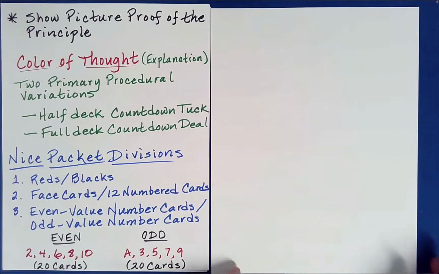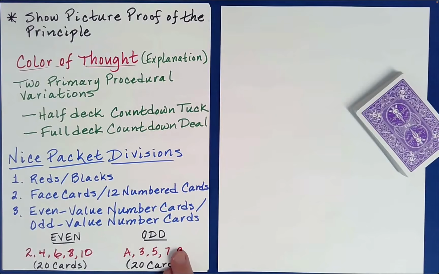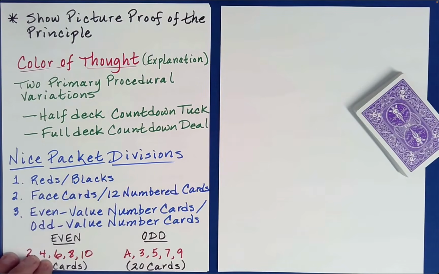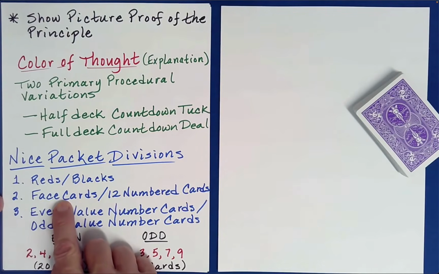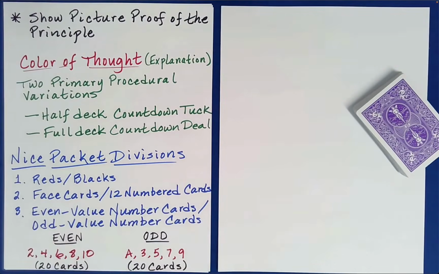Now, I do want to point out there's some other obvious divisions that you can use for this. Of course, we have an equal number of red and black. You could have a little packet that has the 12 face cards and then 12 numbered cards. In that principle, this equal opposite parts principle will still apply.